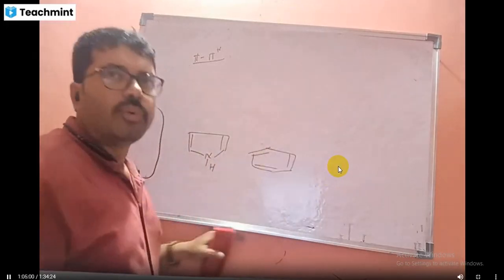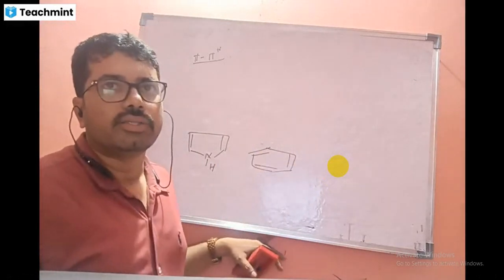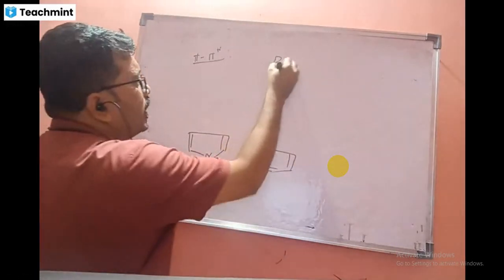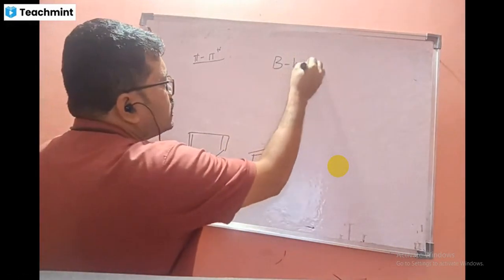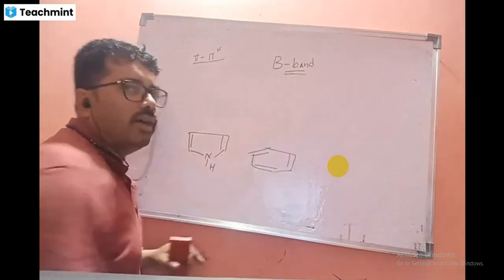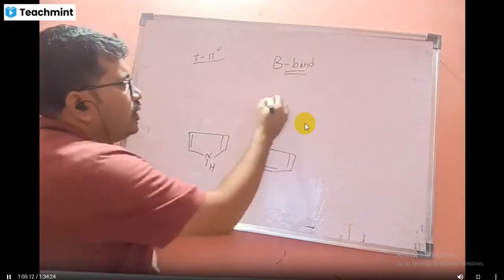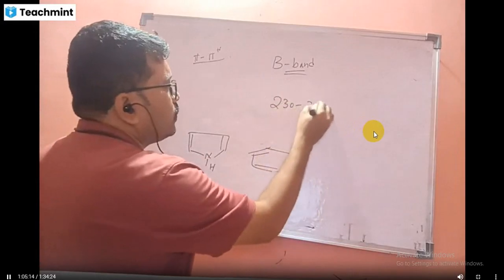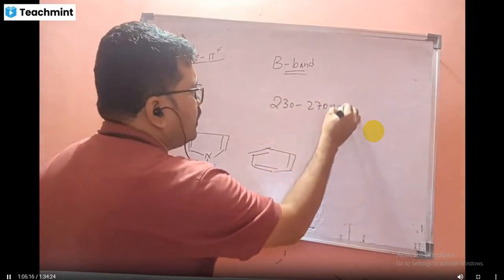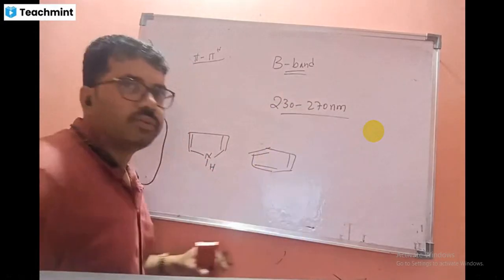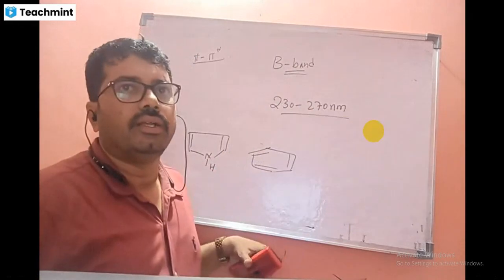In this type of compounds, the molecules give the P band. So absorption peaks between 230 to 270 nanometer.